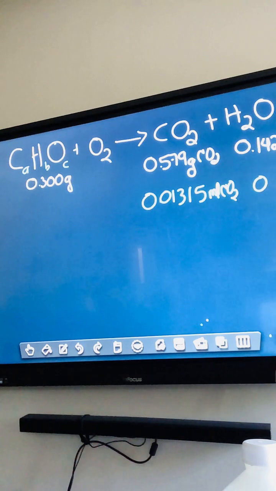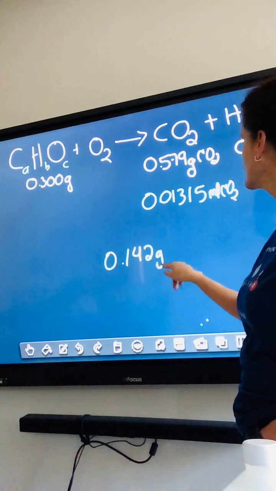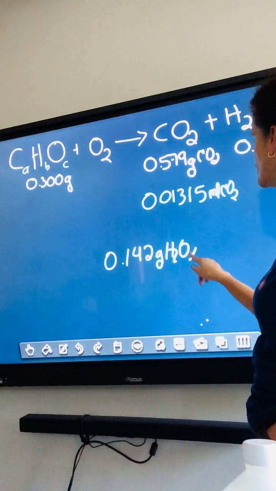0.142 moles of water? Oh yeah, because it's the same, right? No. We have 0.142 grams of water. What is the molar mass of water?